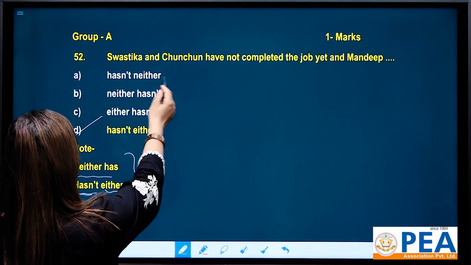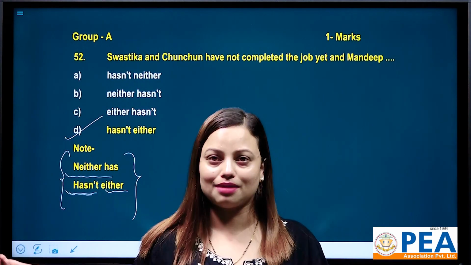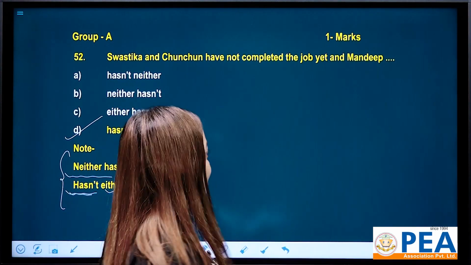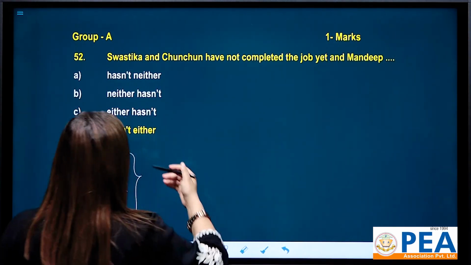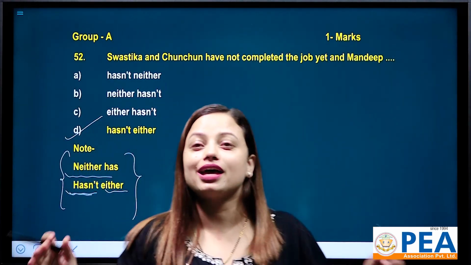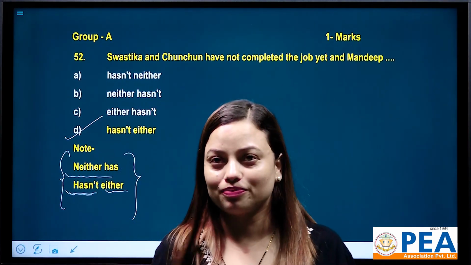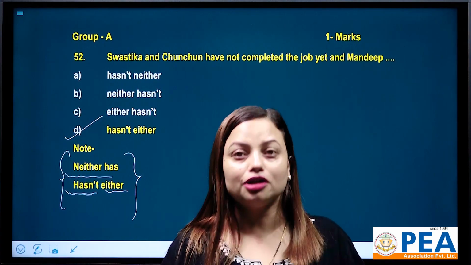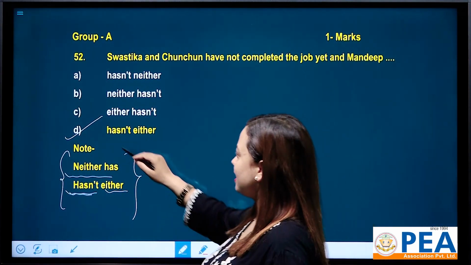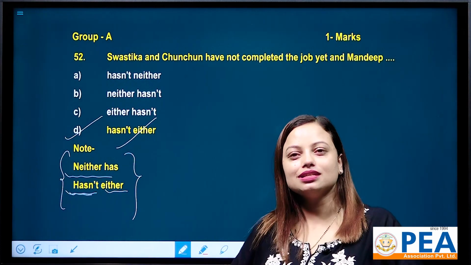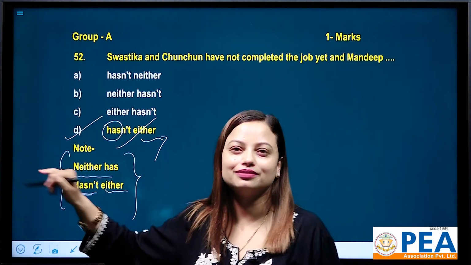So Swastika and Chunchun have not completed the job yet. Yes, they have not completed yet. And Mandeep hasn't either. Okay, nobody has completed their job, right? Nobody has completed. In order to give this very sense, you have to go for hasn't either, right? Because in terms of either, you have to keep your verb earlier.